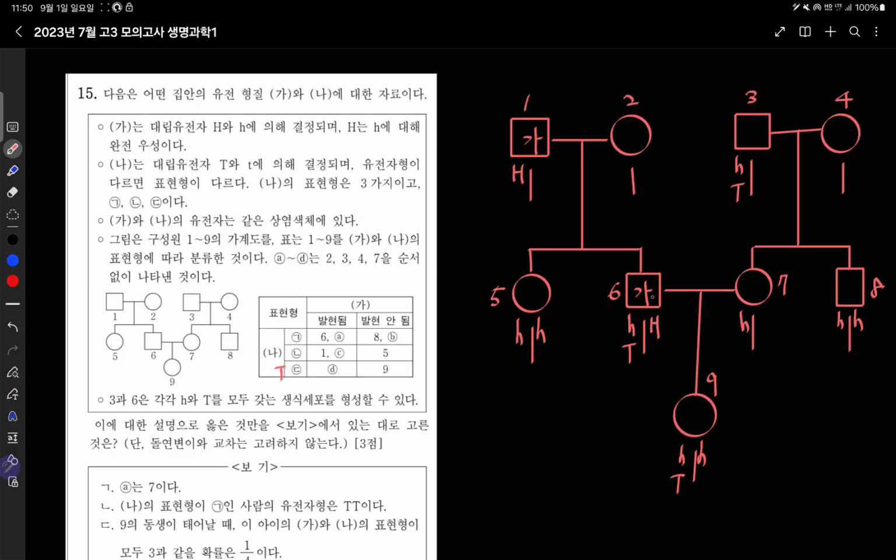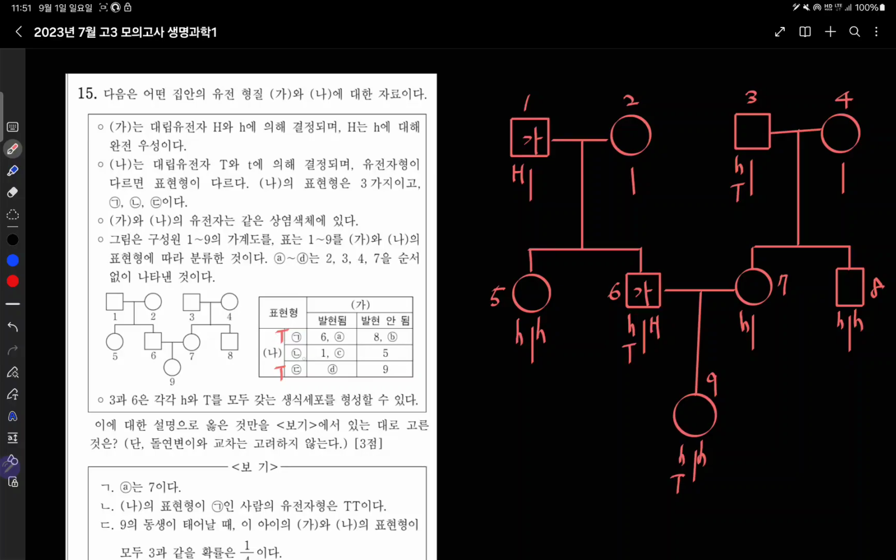And individual number 6 also has one capital T allele, so that means the first phenotype for the second trait should have one capital T allele.